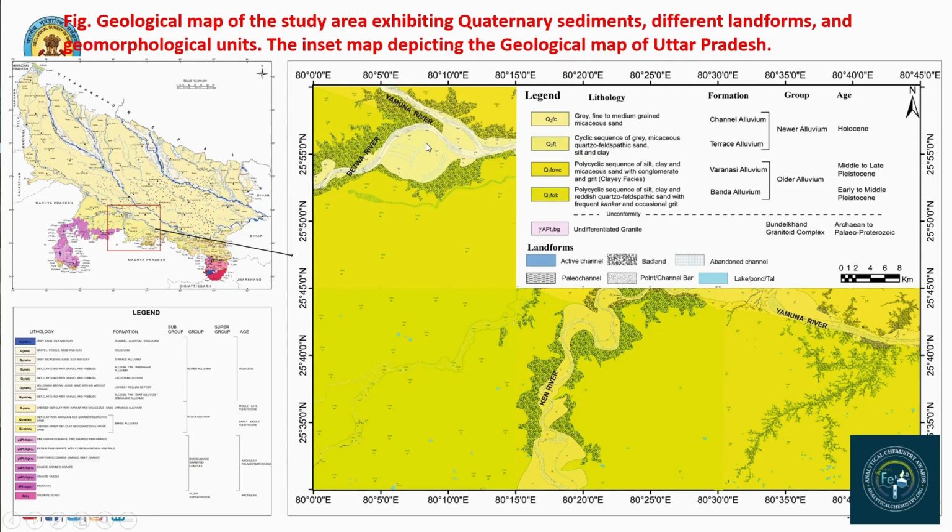The major river is the Yamuna, and this is the tributary. The Ken river is a tributary of the Yamuna river, and the Betwa river is also a tributary of the Yamuna. These are the landforms: active channels, and along the rivers we have badlands topography, and the point bar and paleo channels we can see here.